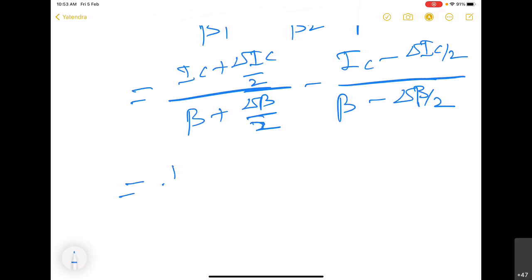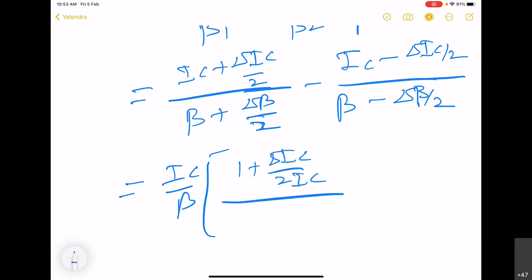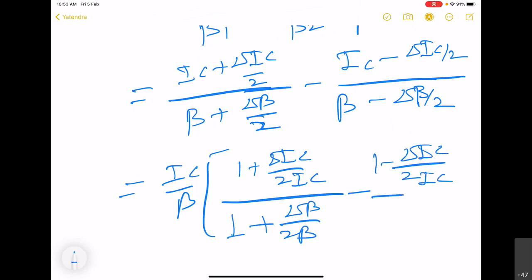So here IC by beta can be taken common because this is there in both the terms, and then one will have 1 plus delta IC by 2 IC divided by 1 plus delta beta by 2 beta, minus 1 minus delta IC by 2 IC divided by 1 minus delta beta by 2 beta.